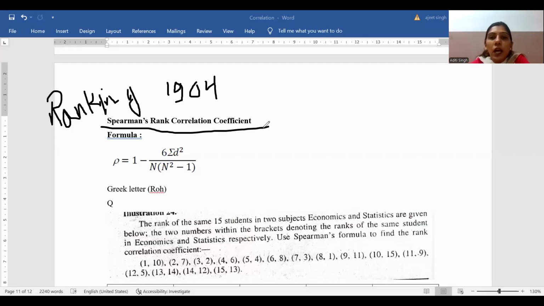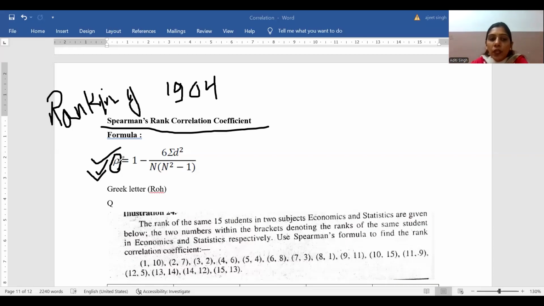So this is how we use the Spearman rank correlation coefficient. When we have to find out the coefficient of correlation of two variables which cannot be measured quantitatively, then we use this Spearman rank or ranking method to calculate. The formula for calculating the Spearman rank correlation coefficient uses the letter that came from the Greek word rho.